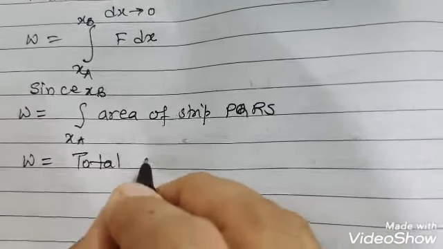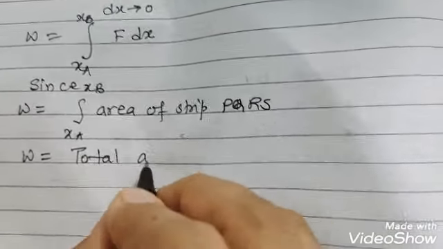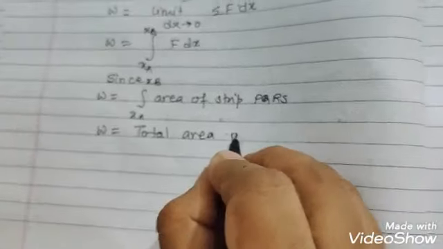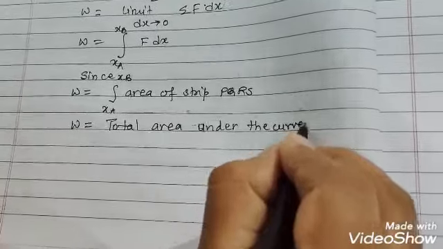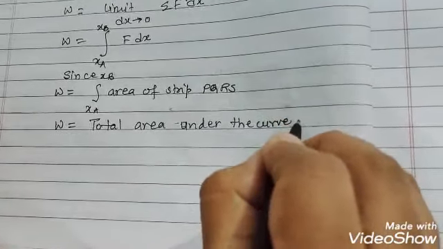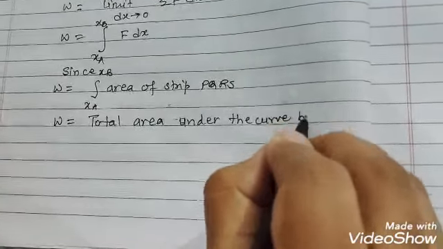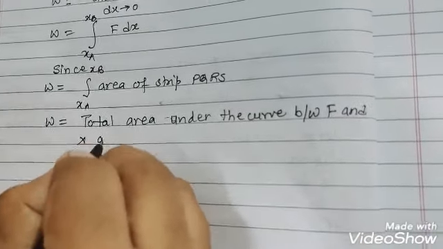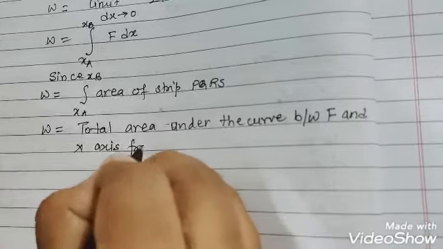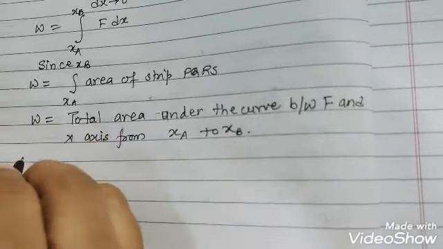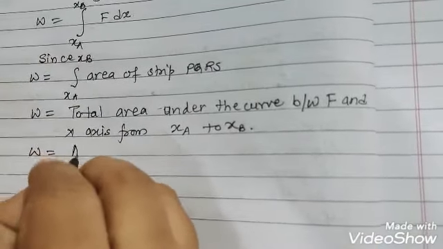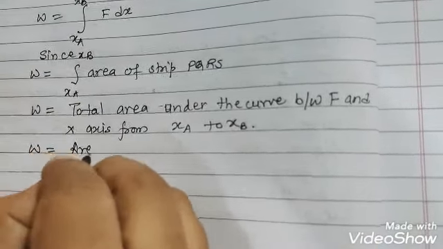After the integration, we get the total area under the curve between force and x-axis from xa to xb, or the work done is simply the area ABCDA.